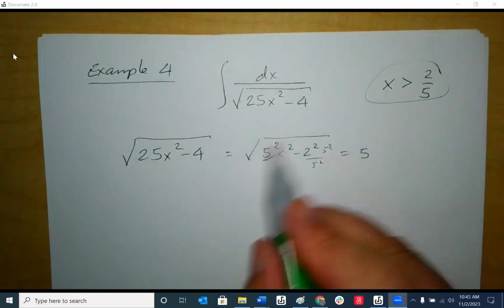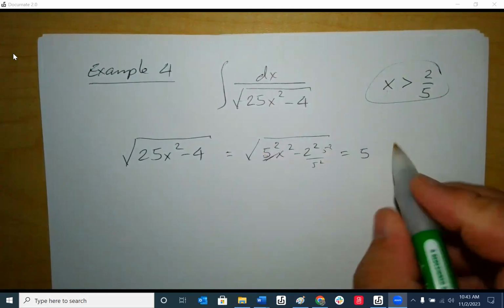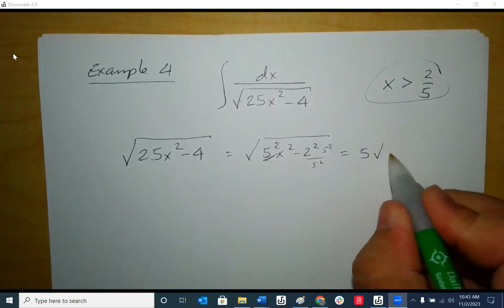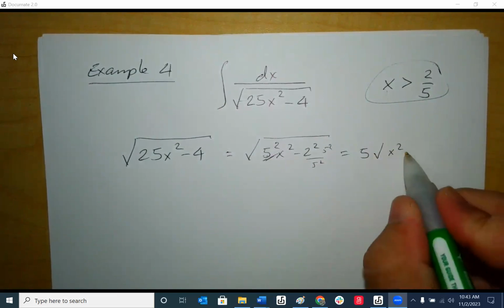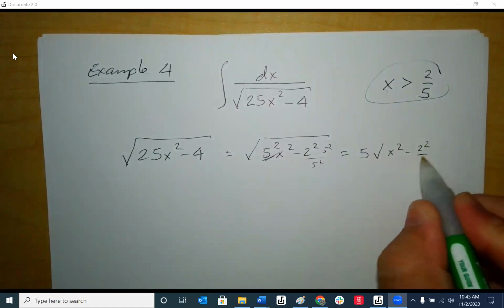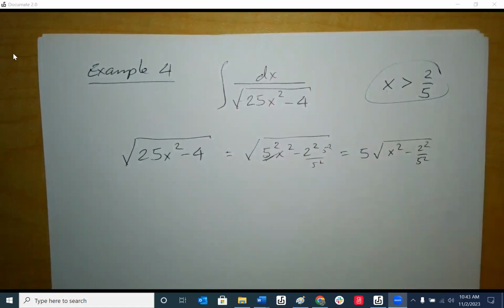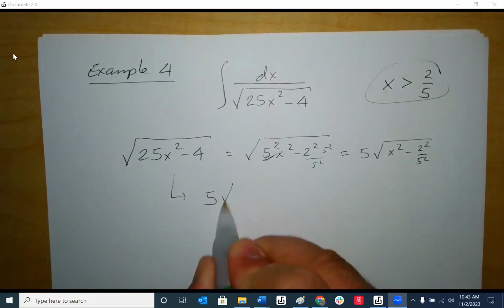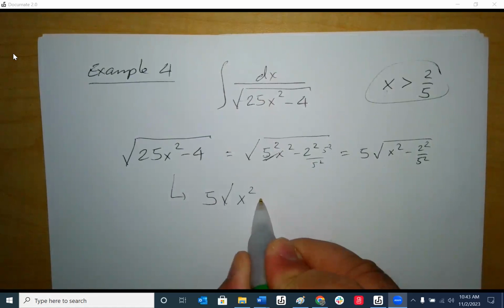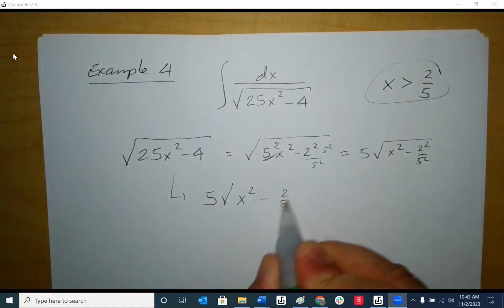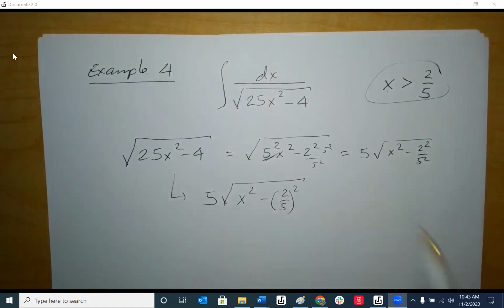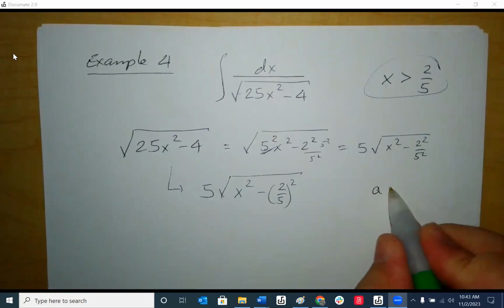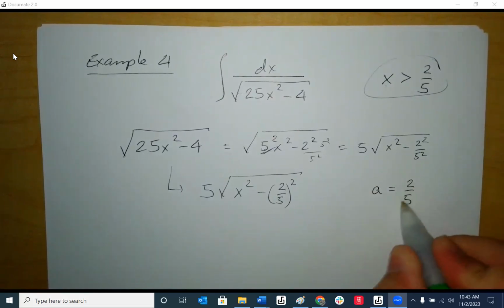But since I took that out, this is x squared minus 2 squared over 5 squared. So that simplifies into x squared minus (2 over 5) squared. So our a is 2 over 5.